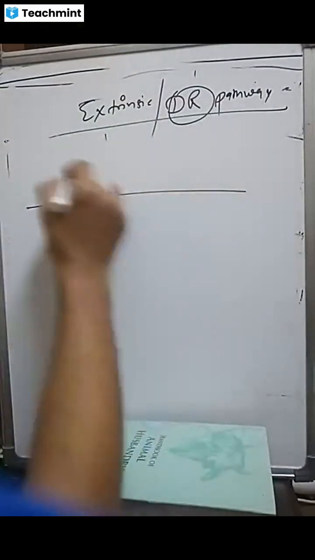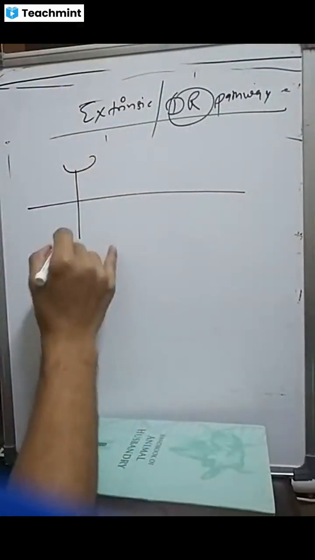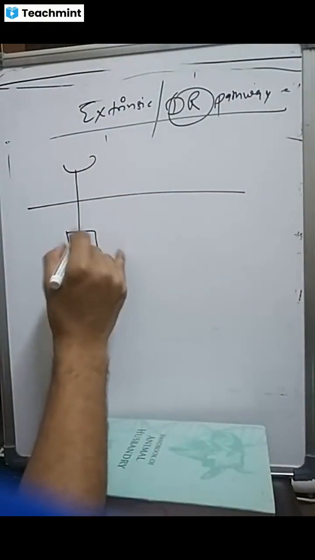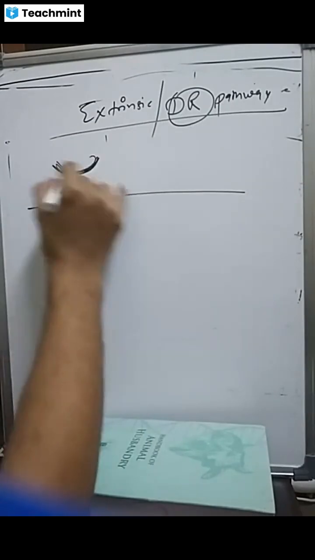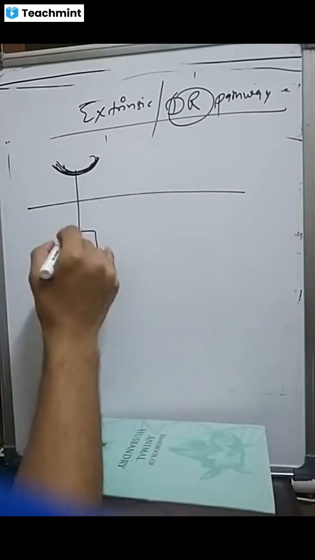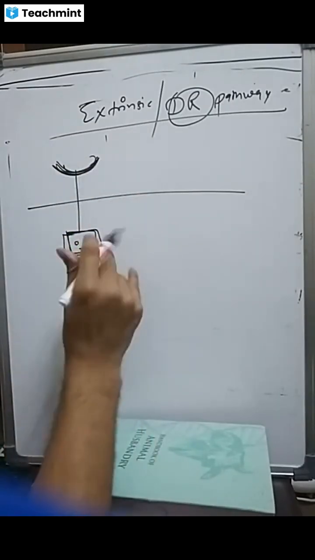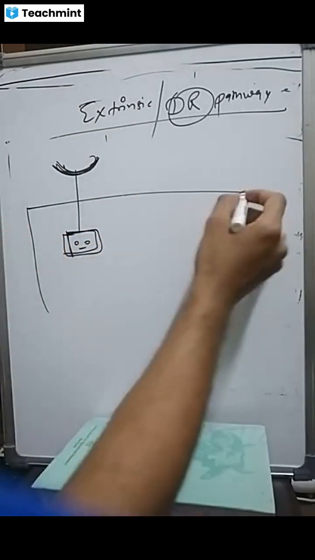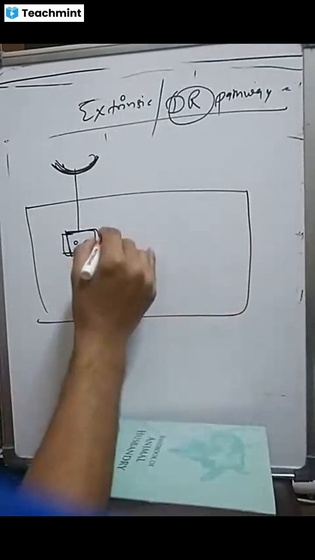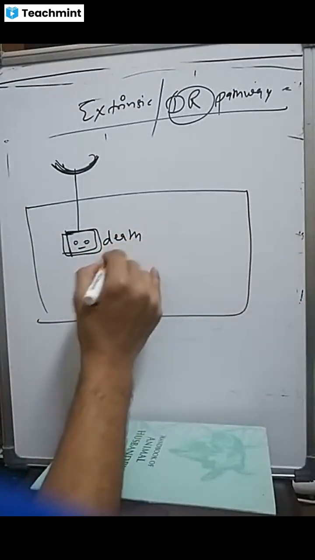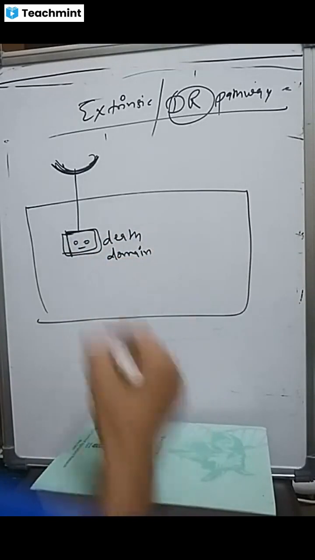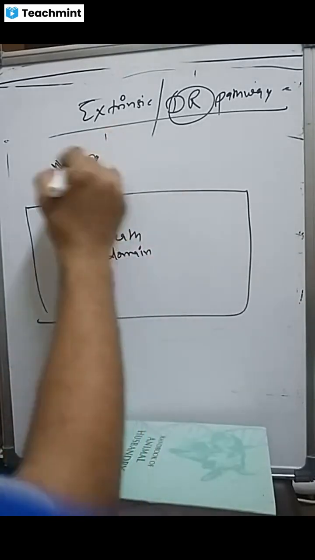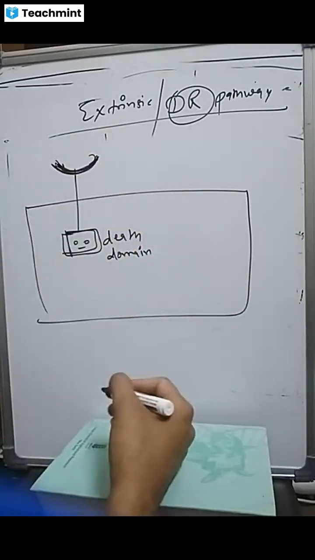The receptor is like this. These are the receptors. This domain which is inside the cell is known as the death domain. And this is the outer part of the receptor.